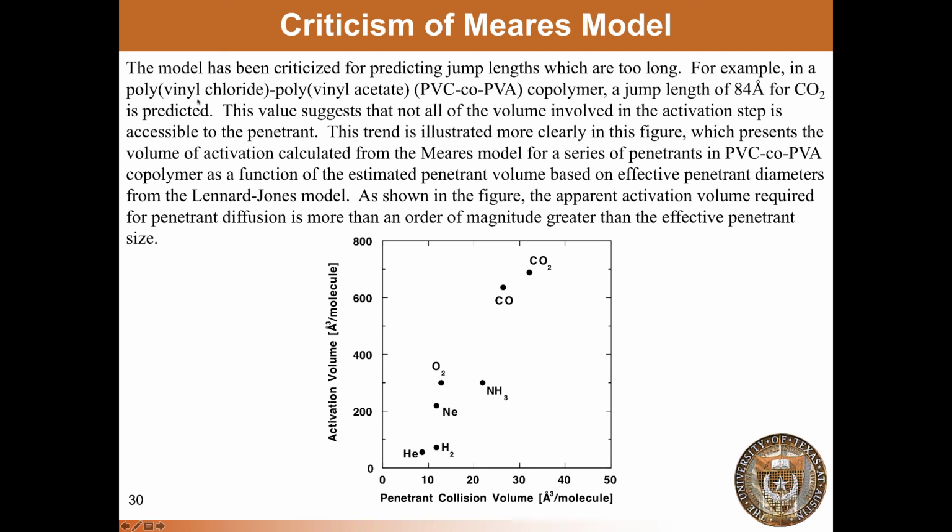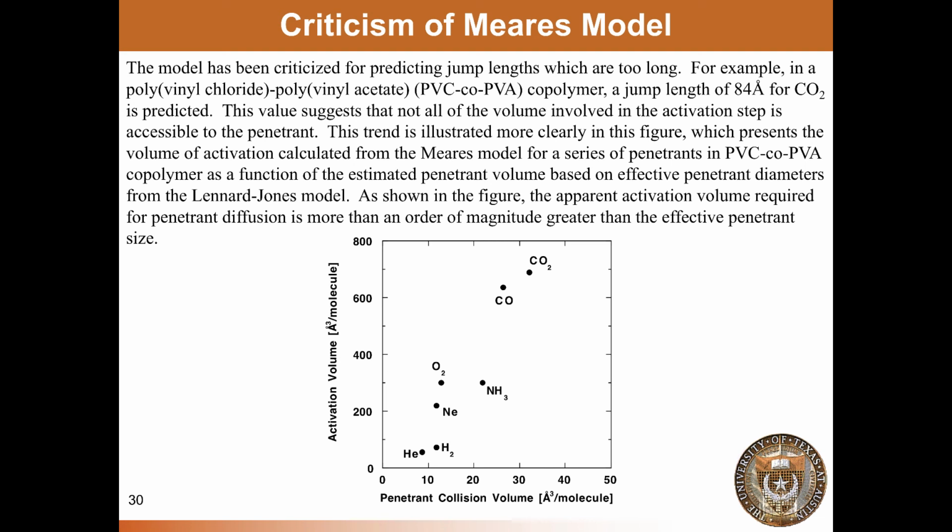One case that Mears had put together for a copolymer of polyvinyl acetate and PVC had jump lengths of the order of 84 angstroms, and this would be many times the few angstrom jump length that most people would associate with this sort of phenomenon.